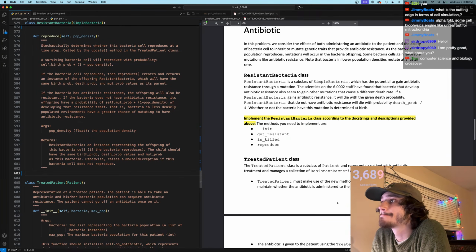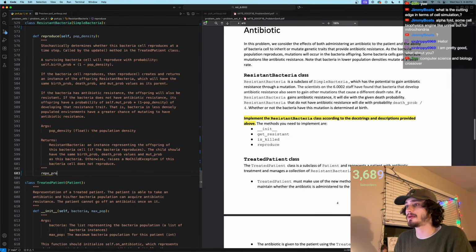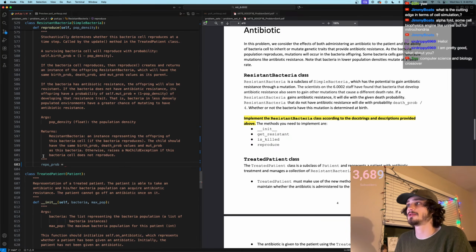And so we'll say repo prob is going to equal self.birthprob times 1 less than the population density provided, right?